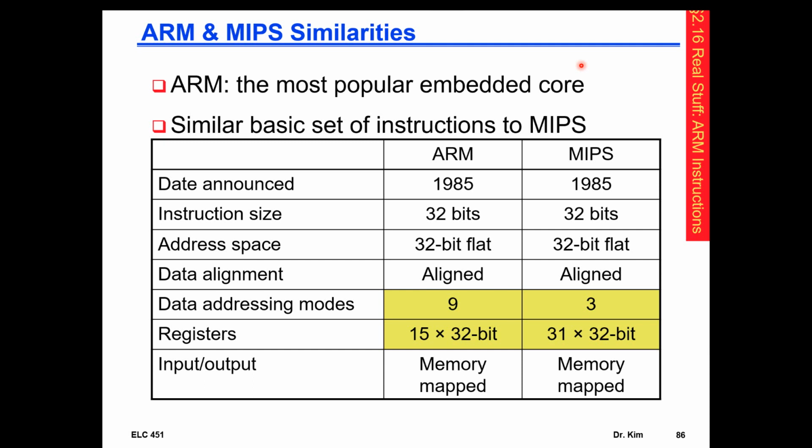The ARM is the most popular embedded core, so we talked about that. We used to teach with MIPS, which is very elegant, but it's not as widely used. It is used in the embedded market, but not as widely used as ARM. But it is a very elegant instruction set, MIPS.